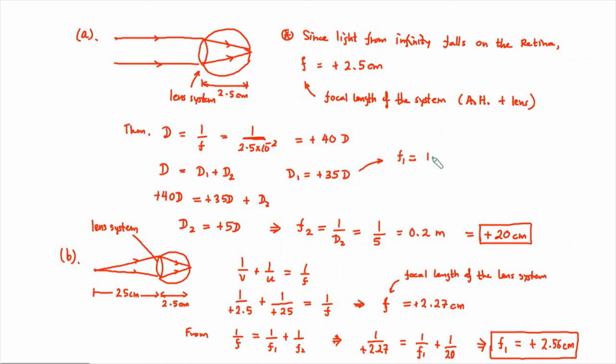So if you do that, you'll get plus 2.86 centimeters. So you can see the focal length for the eye lens in part 1 is greater than the focal length for the eye lens in part 2. The reason for that is now the curvature of the eye lens has increased. When the curvature increases, the focal length reduces.